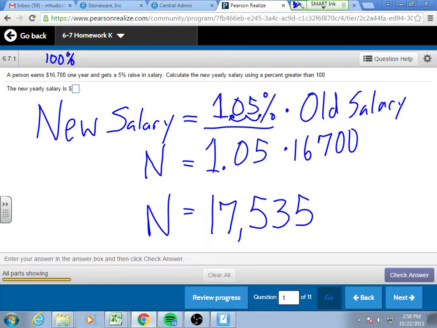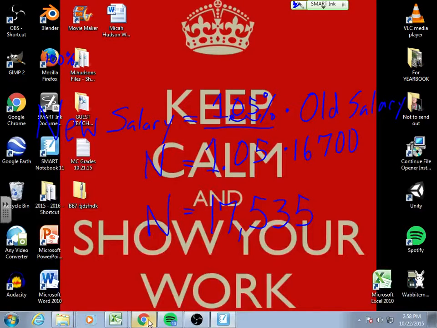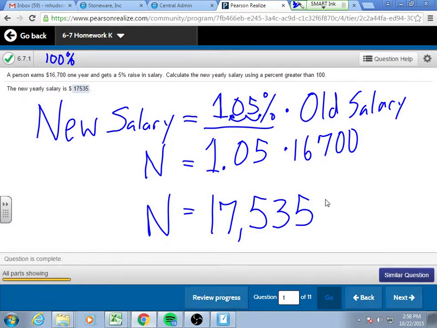So the new salary is going to be $17,535. Does that make sense? When you're using percents over 100%, you have to, well, now it disappeared. Come back. There we go. 17,535, and that is correct.